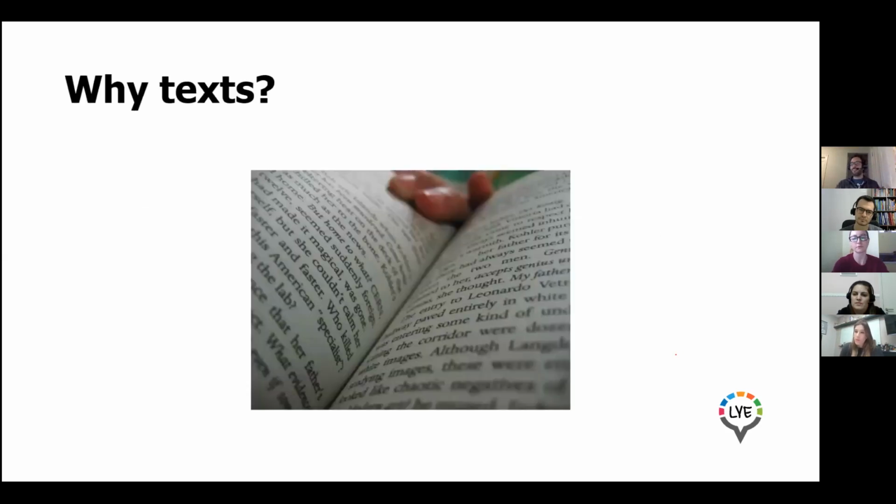So Mike, why texts? Well, the rationale is that texts reveal how language is actually used, right? And that good language learners, I guess, are able to see patterns naturally emerge from these texts.